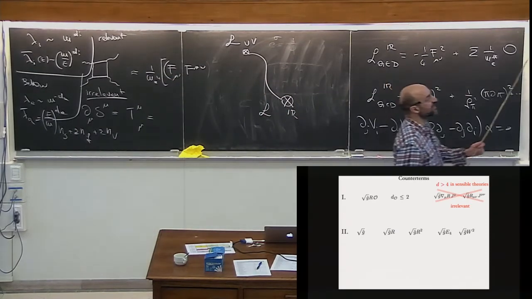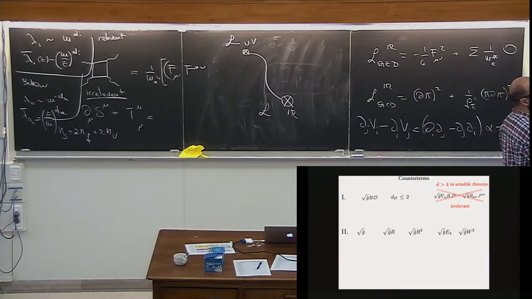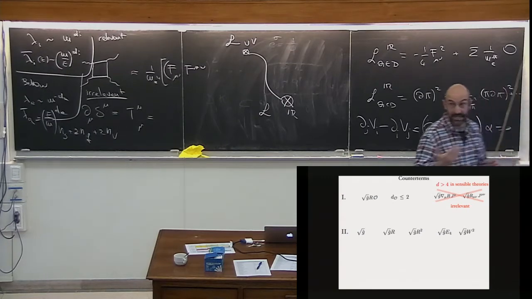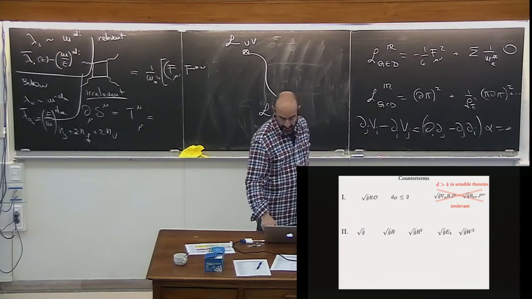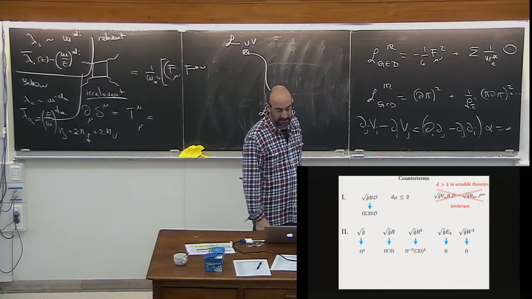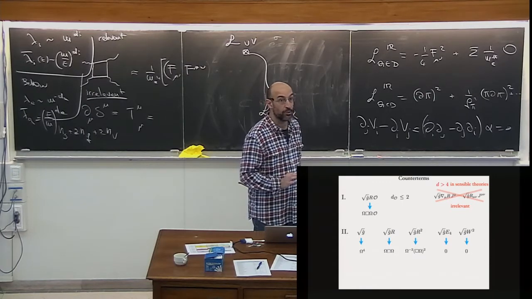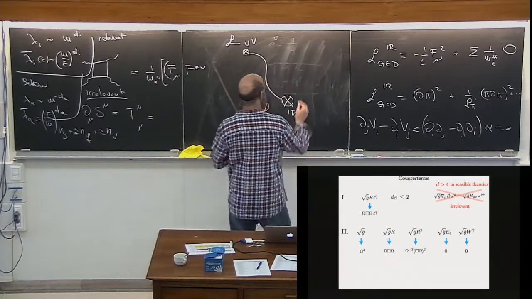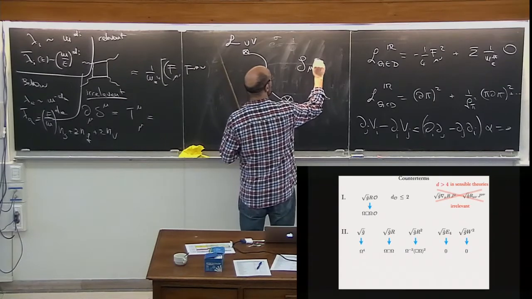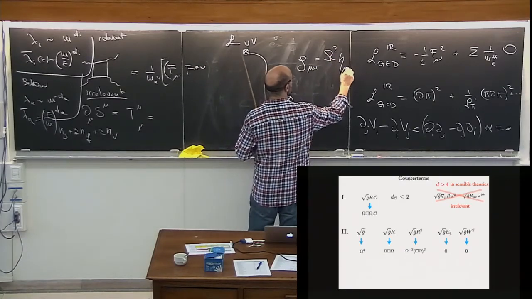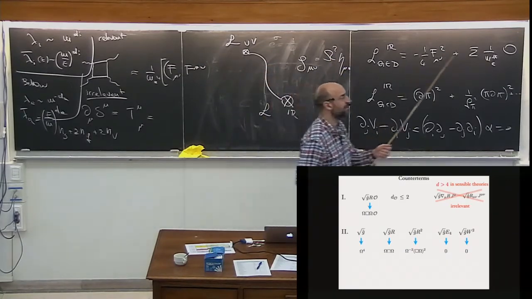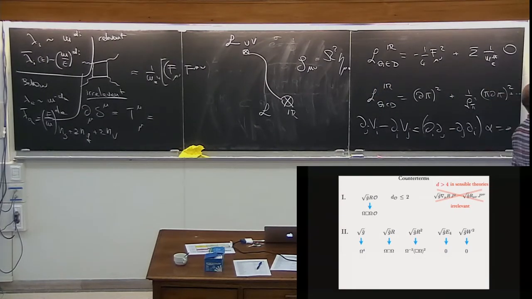And then there are terms that purely involve the metric. There's a cosmological constant, there's a Ricci scalar, there's a Ricci square, there are terms like this that you can add as counter terms. Now, if you consider a specific case of a metric which is proportional to omega, g mu nu is omega square eta mu nu, what happens is that this term vanishes because this term is the Weyl tensor.